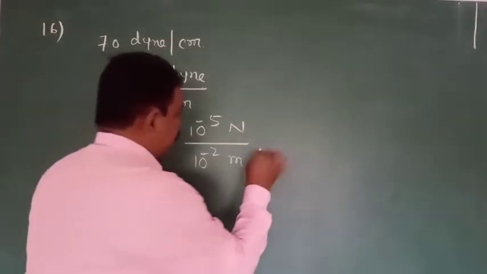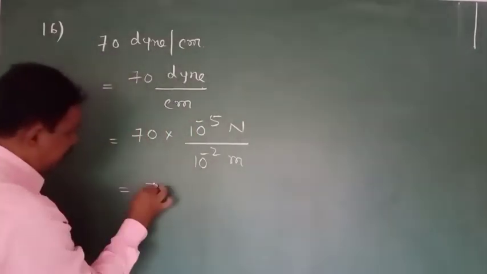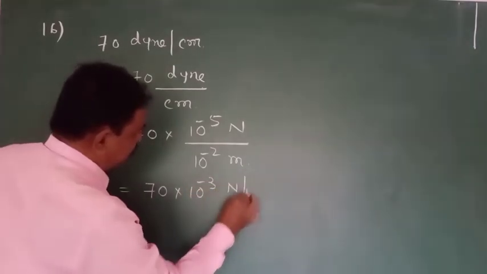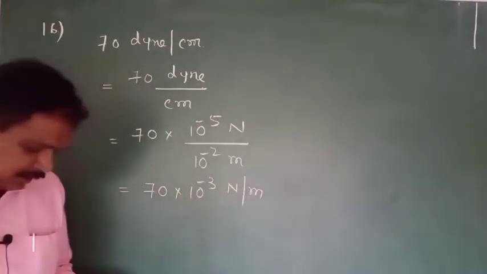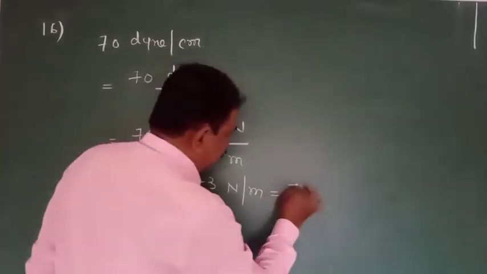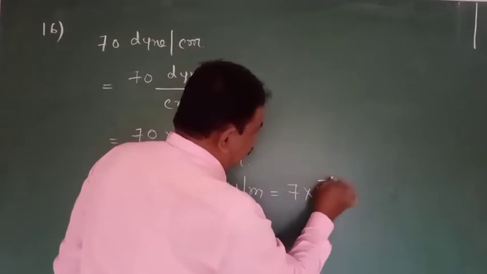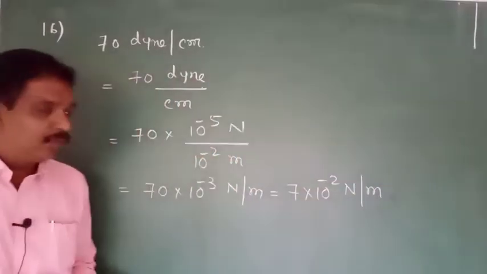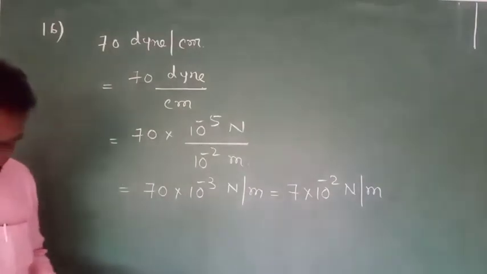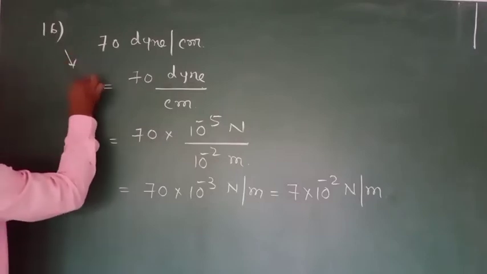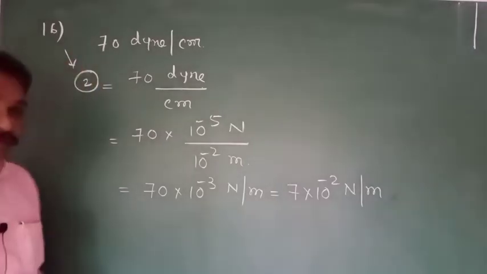So how much will we get? 70 into 10 power minus 3 newton per meter. Or we can write this in this format, 7 into 10 power minus 2 newton per meter. So the answer here is the second option. 16, it will be second option.